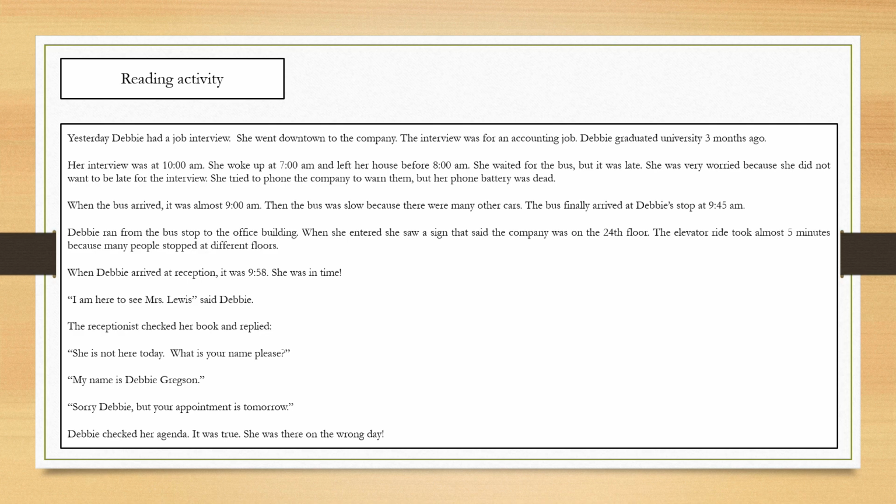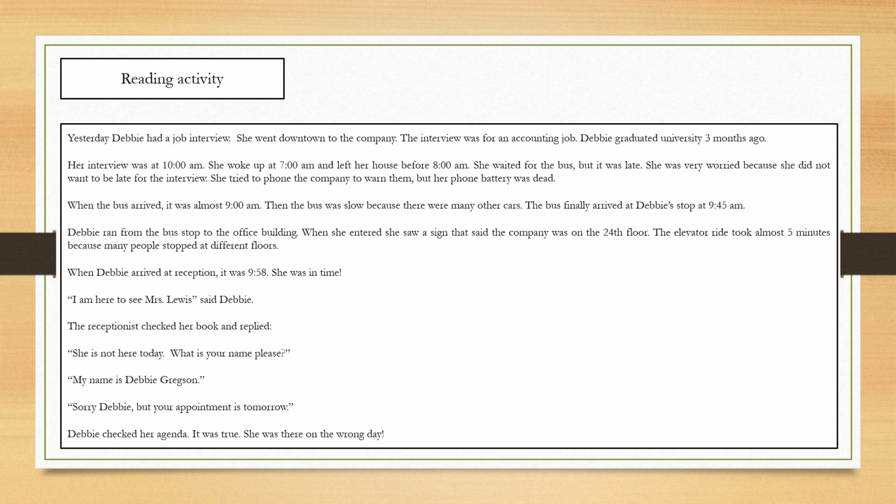The bus finally arrived at Debbie's stop at 9:45 a.m. Debbie ran from the bus stop to the office building. When she entered, she saw a sign that said the company was on the 24th floor. The elevator ride took almost 5 minutes because many people stopped at different floors.